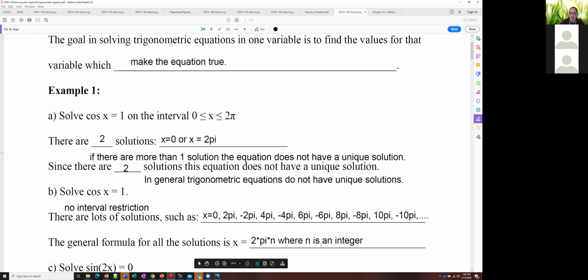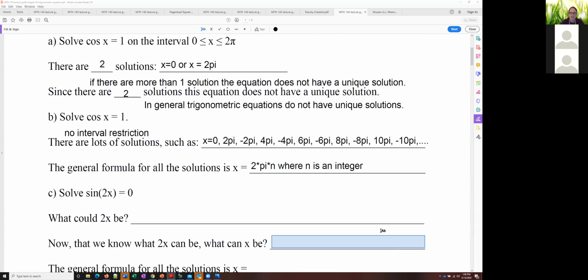So if n is 0, that would give me my first solution of 0. If n is 1, that gives me 2 pi. If n is negative 1, that gives me negative 2 pi. Right? And I'll be able to get all of these solutions by just plugging in integers for n. Any questions so far?